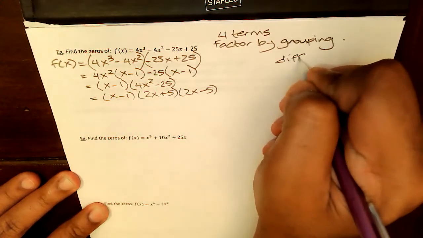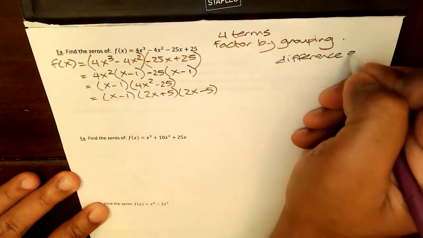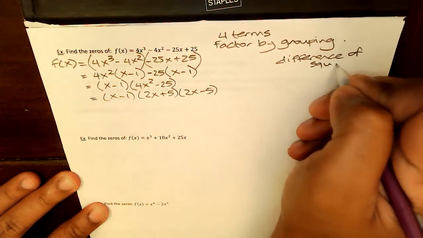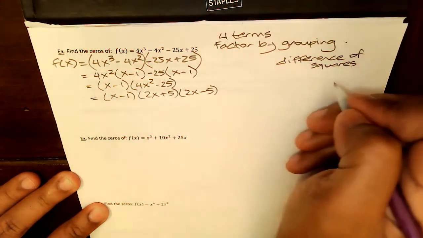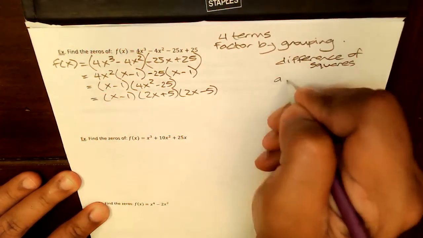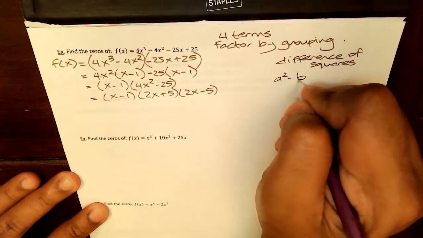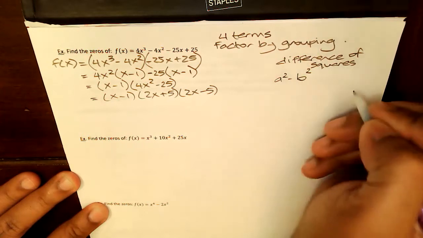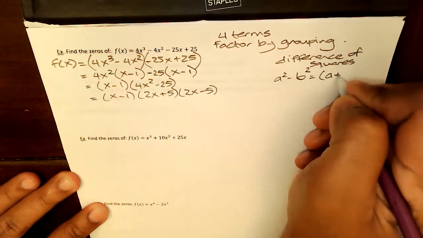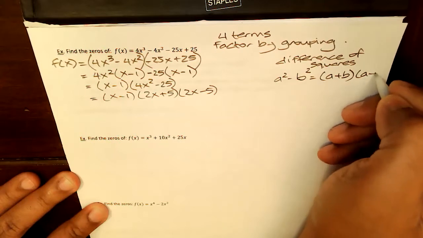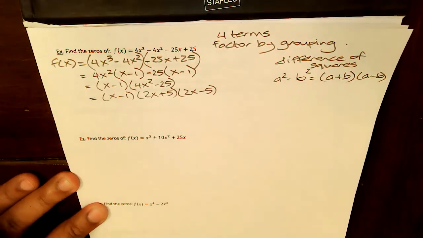Difference of squares is a special type of factoring which says if you have something squared, let's say a squared, minus something else squared, let's say b squared, that factors to a plus b, a minus b. We call that difference of squares.